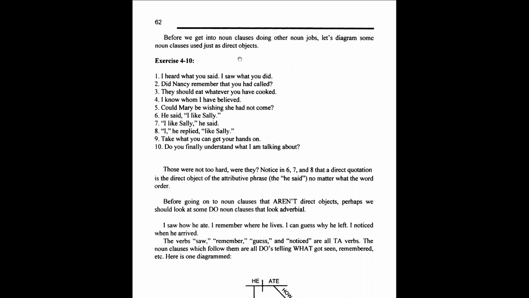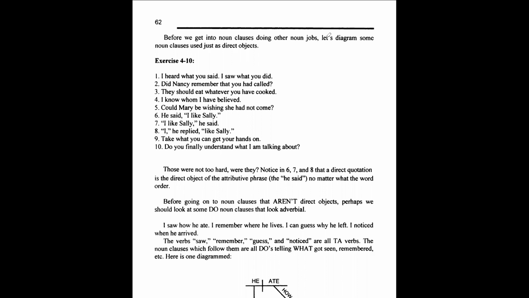Okay, so really quickly, where are the noun clauses that are acting as direct objects? Think about this first yourself. Pause the video if you need to. It'll help you if you actually do it first before I go over the answers.